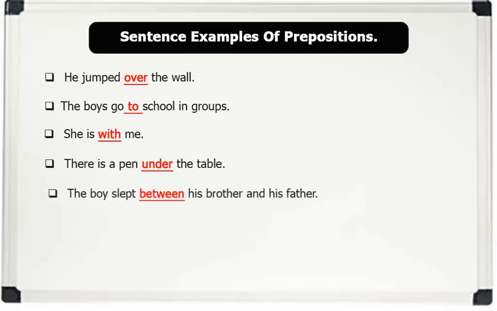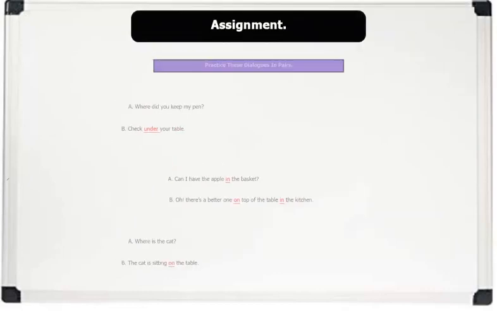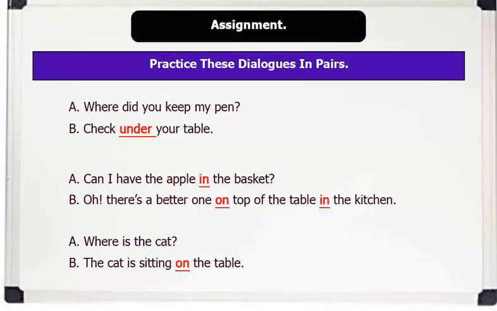The boy slept between his brother and his father. 6. She went out in the evening. 7. Olivia is standing at the door. Let's go over to assignment. Assignment. You can pause the video and write out these sentences on your notebook. Practice these dialogues in pairs.